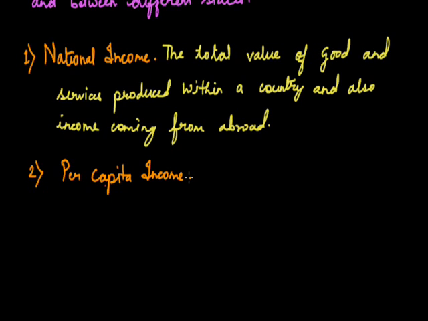Per capita income is the income earned by individuals in the country. It is calculated by dividing the total income by the total population.